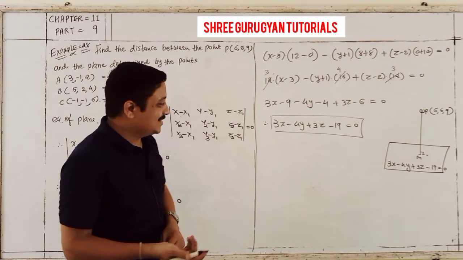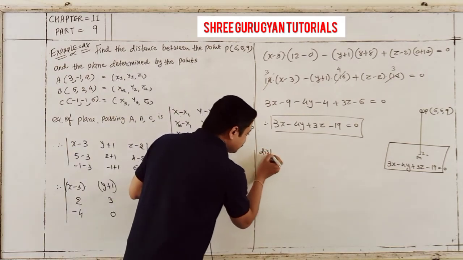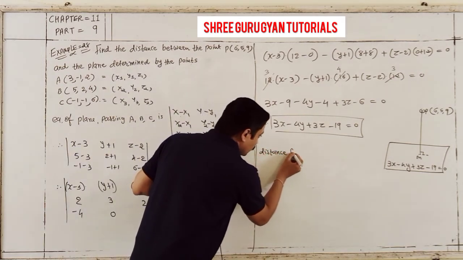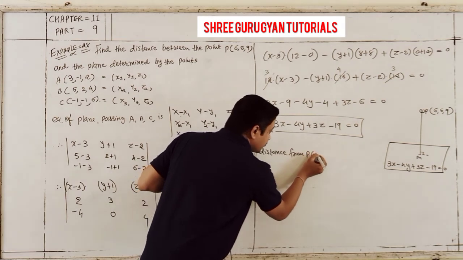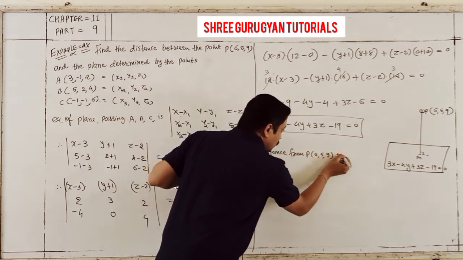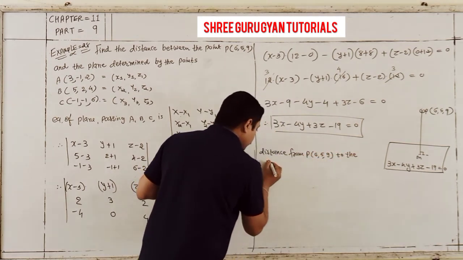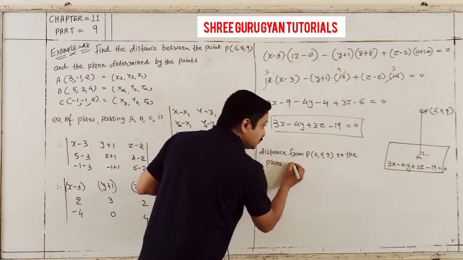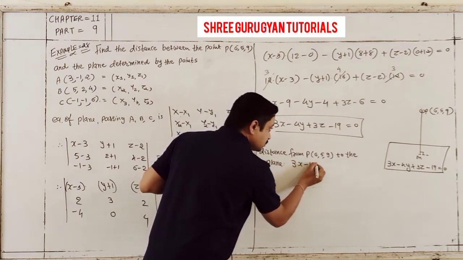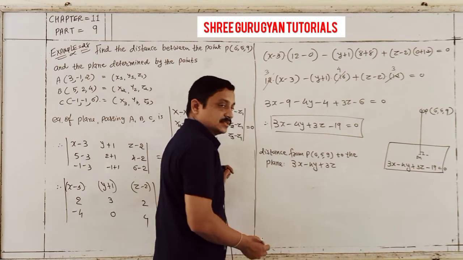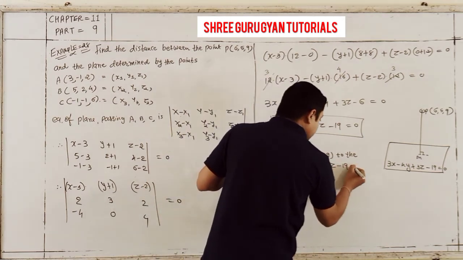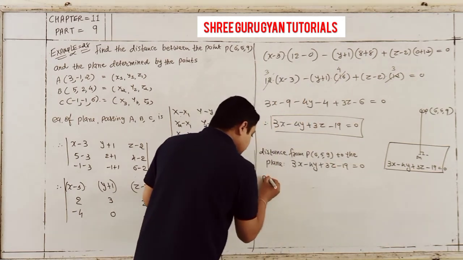Distance formula. Yes, now the distance from P (6, 5, 9) to the plane. My plane is 3x minus 4y plus 3z minus 19 is equal to 0, and PM is the distance.